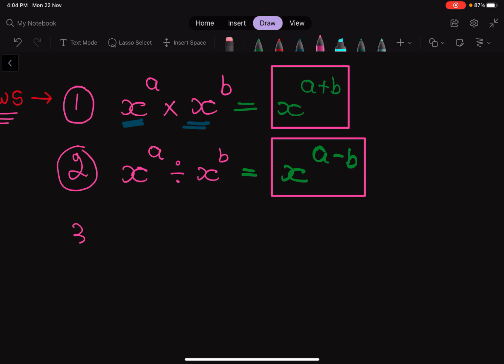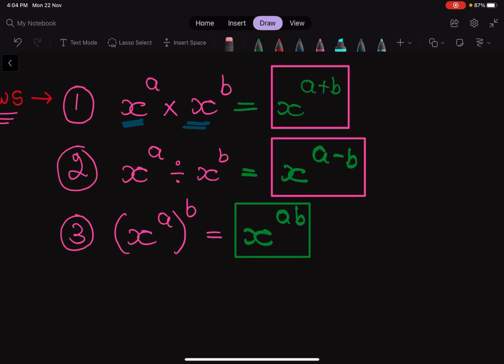Next rule: if you encounter brackets, let's say we have x raised to the power a and the whole bracket raised to the power b, then a and b get multiplied with each other. So you can write the result as x power ab. They simply get multiplied, nothing else will happen here.